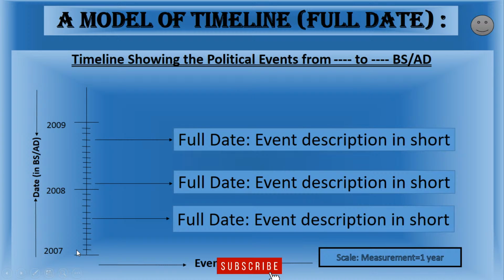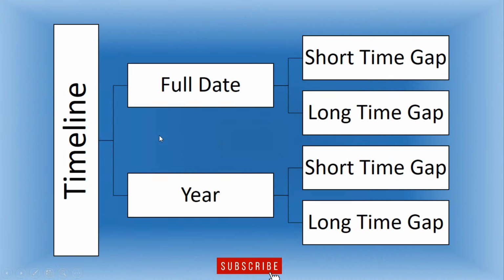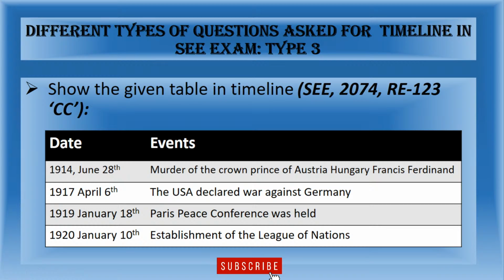Okay, but there can be some problem if in a full date timeline there is a long time gap. What to do? Like in a full date timeline, if there is a short gap like this, 14, 17, 19, 20, you can make a timeline from 14 to 20, and you will have 6 or 7 inches, so you can keep it in your copy very easily.